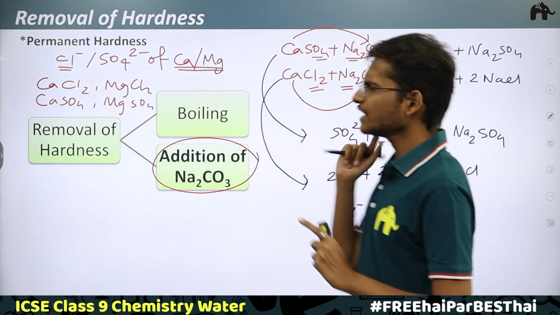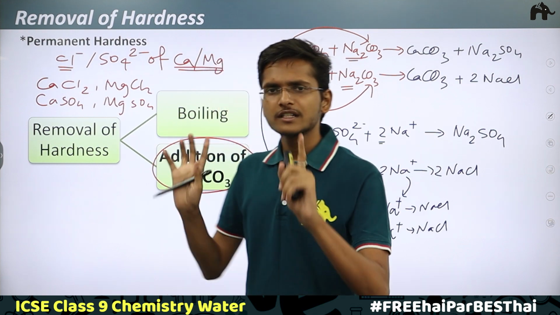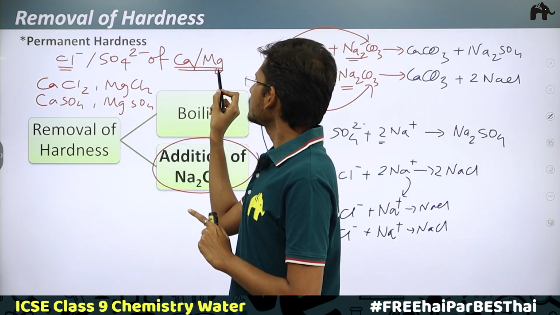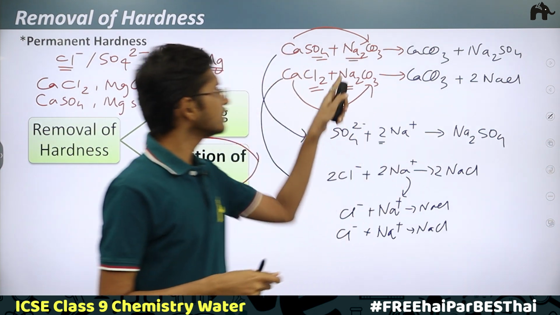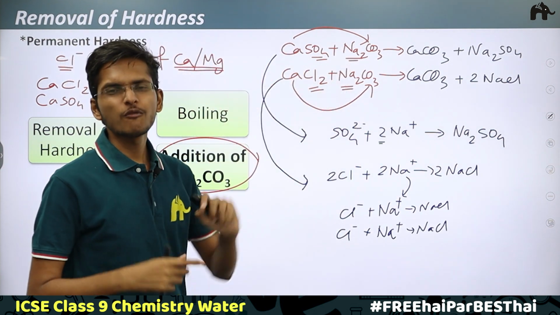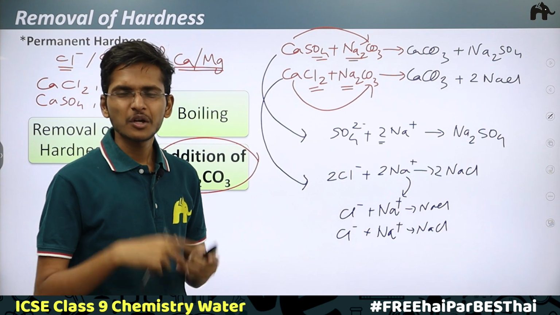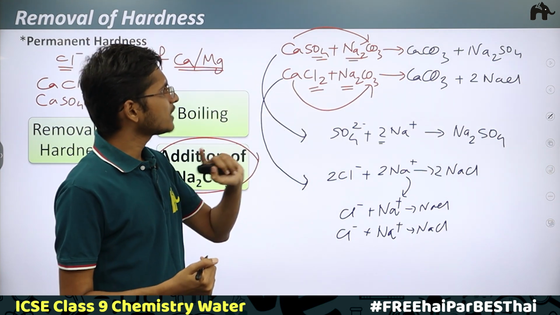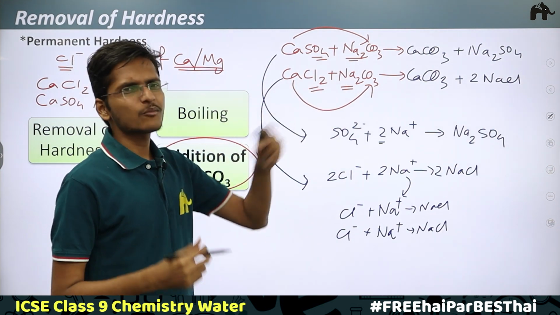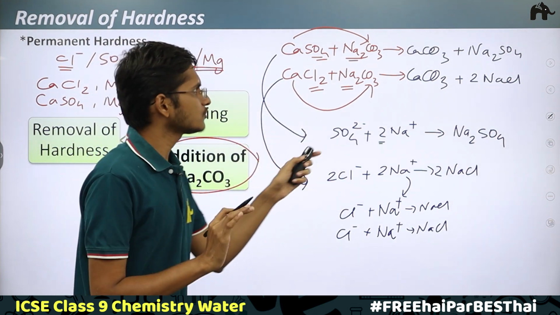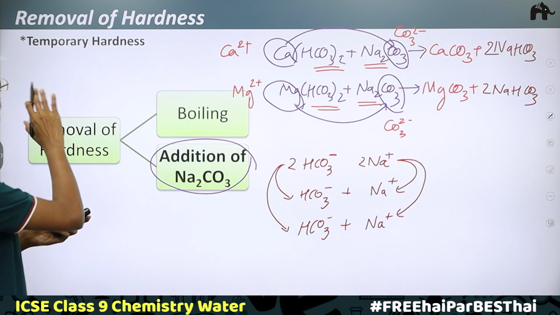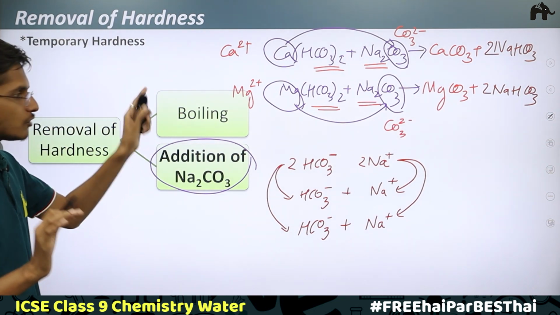Now, if I take the scenario in which magnesium sulfate is there, just by adding sodium carbonate won't help us a lot. Why? Because after adding sodium carbonate, magnesium carbonate doesn't come out completely. Now see, in the temporary hardness case, what was the scenario?